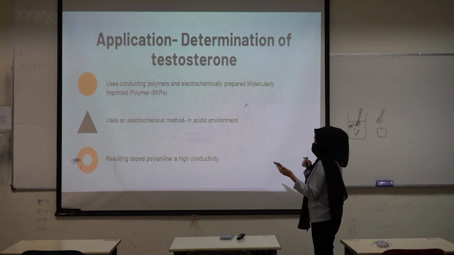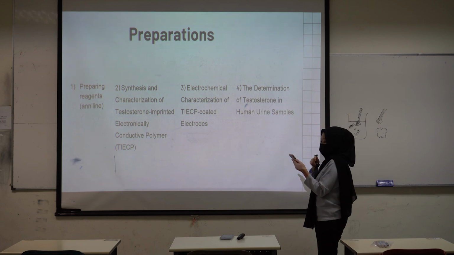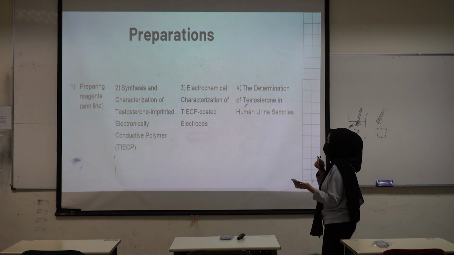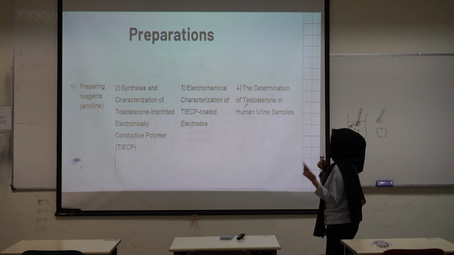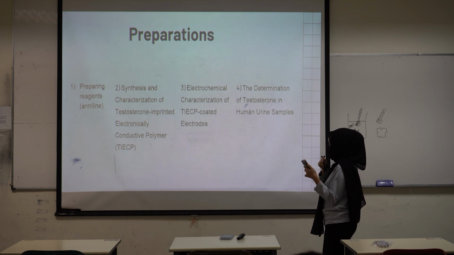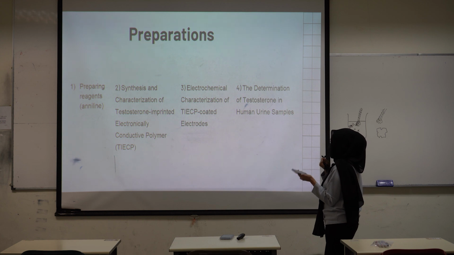So next. Basically, there are 4 preparations needed for this application. First is preparing the reagent, where we need to dope the aniline to get high conductivity, and then synthesis and characterization of the testosterone imprinted electrochemical conductive polymer, the IECP, and then electrochemical characterization of the IECP coated electrodes, where we need to coat the electrodes, and then the determination of testosterone in human urine samples can be done.